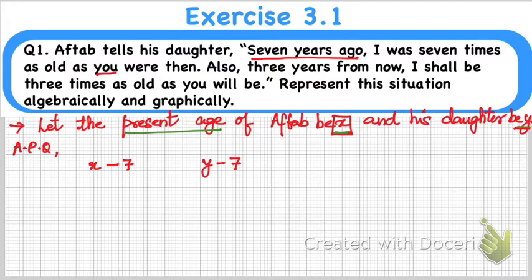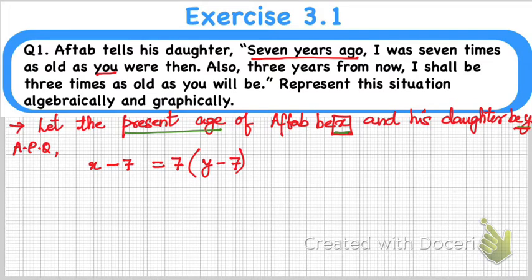You means his daughter. That means Aftab was 7 times as old as his daughter. This is the first equation that we have got.